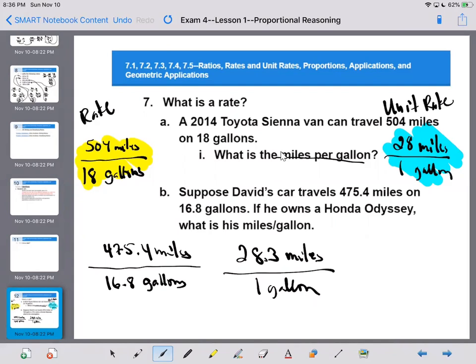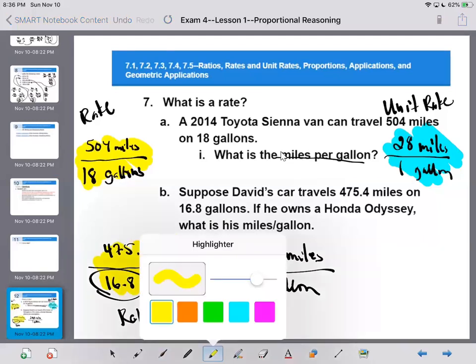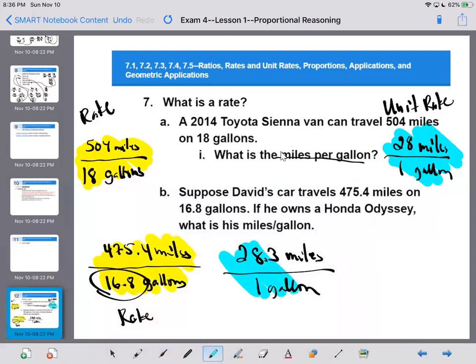Again, what's in yellow is the rate. The key is the denominator. That 16 8/10 is not 1. And what we see in blue over here is your unit rate. The question is why? Because 1 is your denominator.